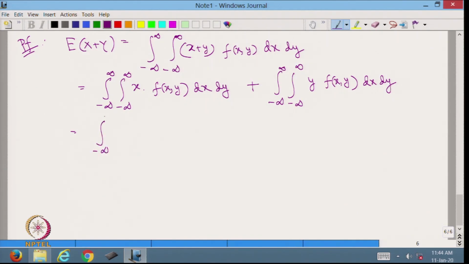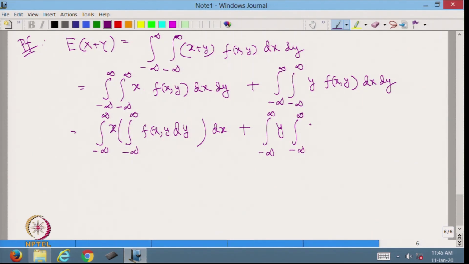Therefore, we can take out the x part, and integrate f(x,y) dy from minus infinity to infinity, and then we integrate with respect to x. Plus, in a very similar way we take out y and then integrate with respect to y.